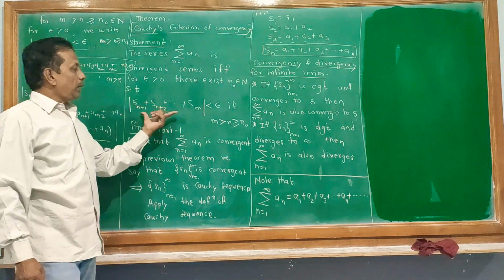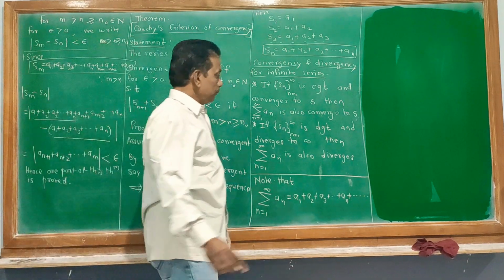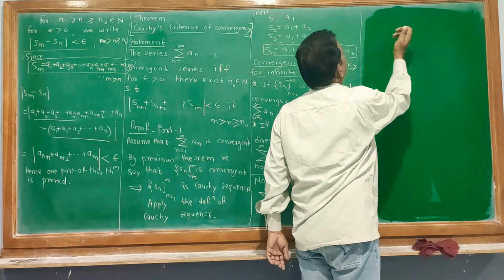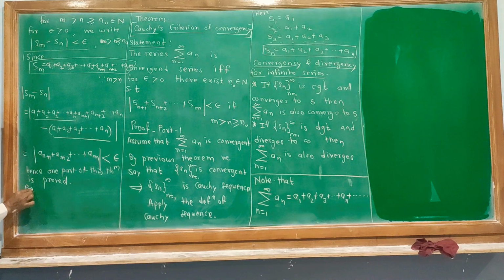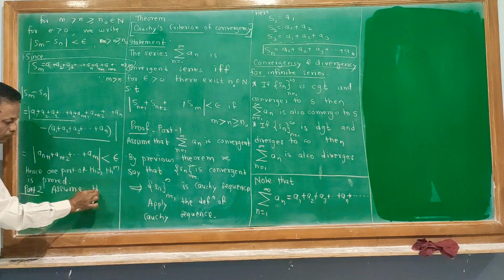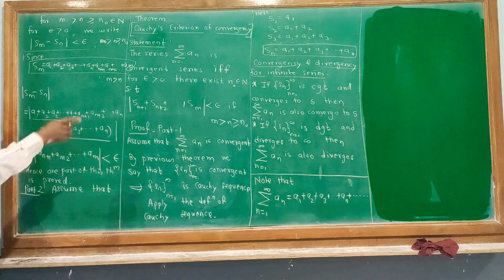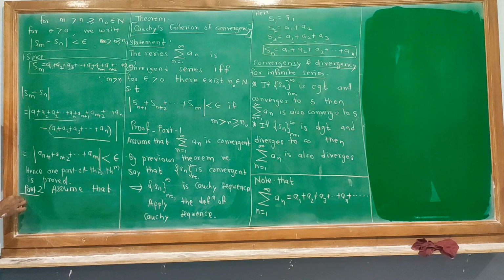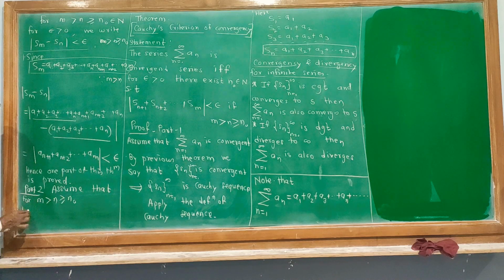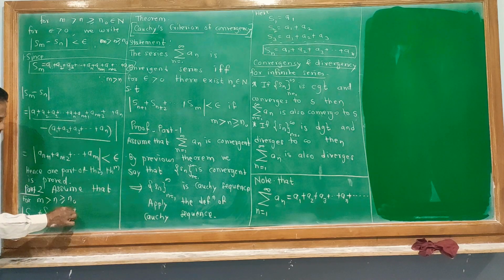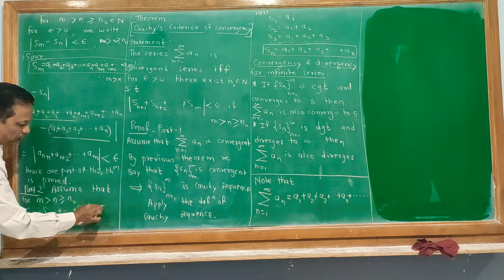How can we write this assumption? Assume that for m greater than n greater than or equal to n0, A(n+1) plus A(n+2) plus up to Am is less than epsilon.